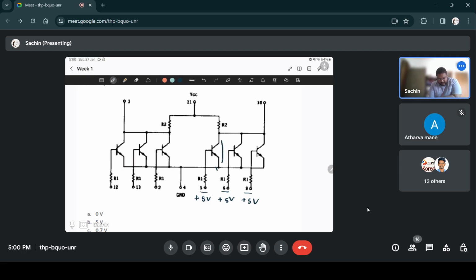So when they go into saturation, the collector emitter voltage will go to VCE sat. So here in this transistor, this is collector, base, emitter. Emitter is at ground, so it's 0 volts. That means that this collector will be at VCE sat.